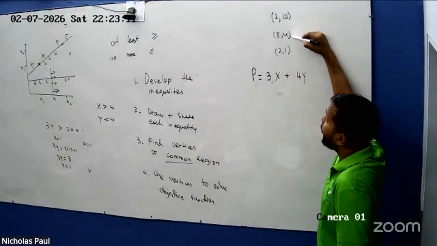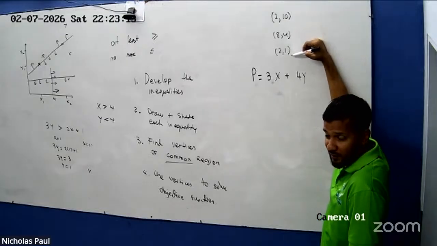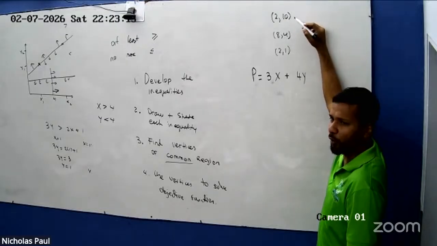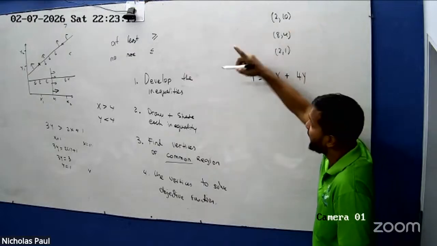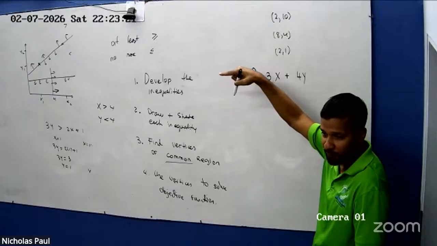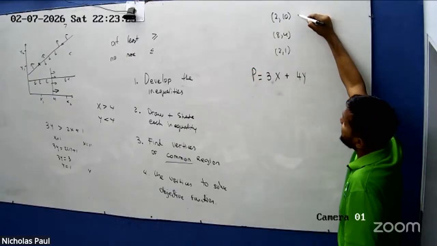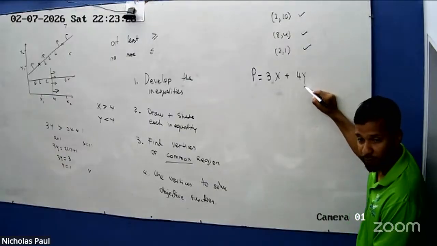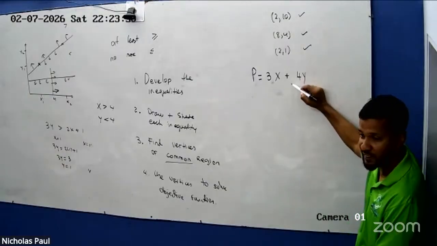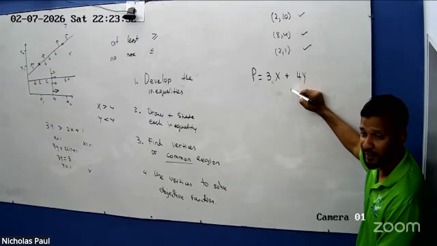These are the only 3 points. Well, sorry, not only, but the most ideal 3 points that satisfy all the inequalities we had earlier. So what you do is you take 1, 2, 3, put it in here, and whichever one gives you the largest value, that is the maximum profit.